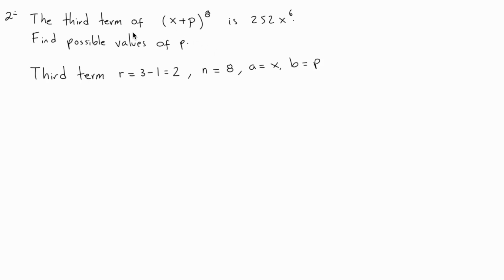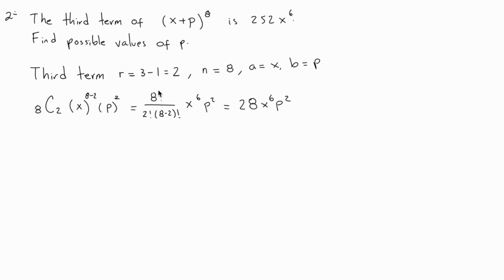If we're going to use the general term formula, because I want to find the third term, that means that r is 3 minus 1, 2, my exponent is 8, a is x, b is p. So by using the general term formula, 8 choose 2, x to the power of n minus r times p to the power of r.